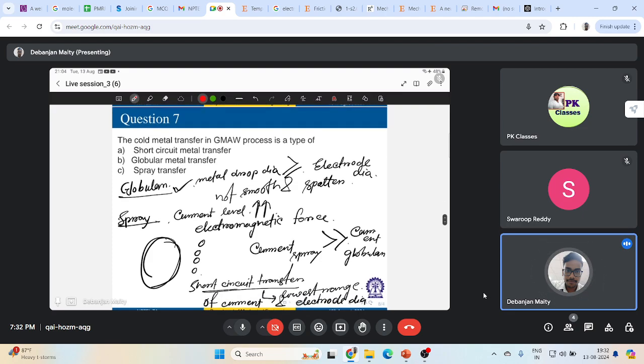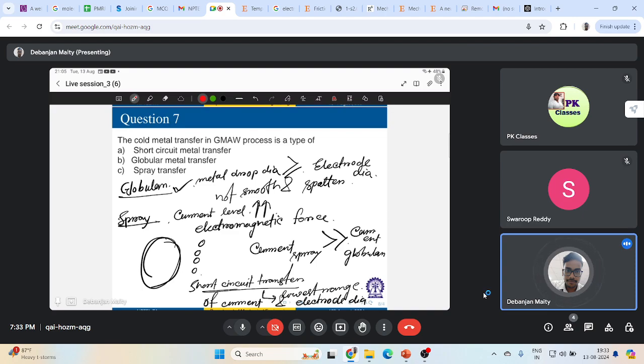Okay, so here I ask cold metal transfer in gas metal arc welding. I have not talked about cold metal transfer welding as of now. This is basically a variant of MIG welding, right? Metal inert gas welding. It utilizes a unique control system to improve your welding. So basically you are controlling the transfer of your weld wire and the heat input to the workpiece.